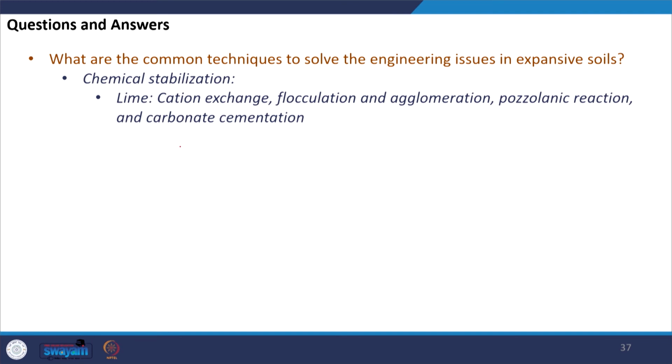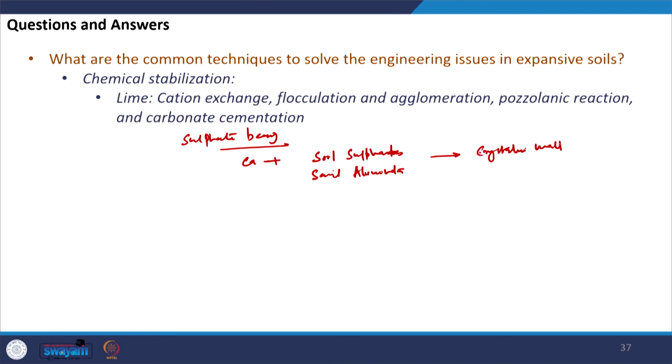So, if we have sulphate bearing soils, then the calcium from the stabilizer, that is from lime, reacts with soil sulphates and soil aluminates to form some crystalline material, which is called ettringite.